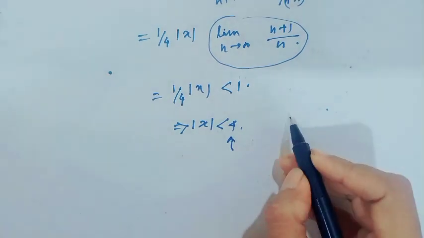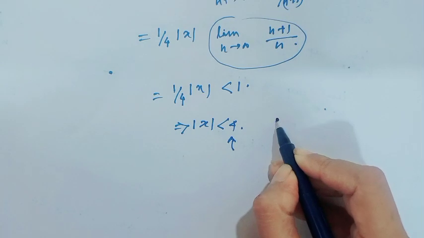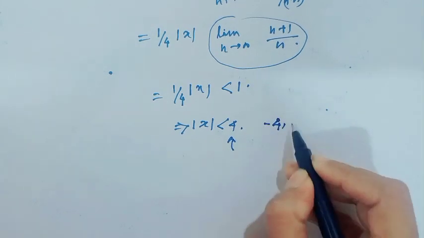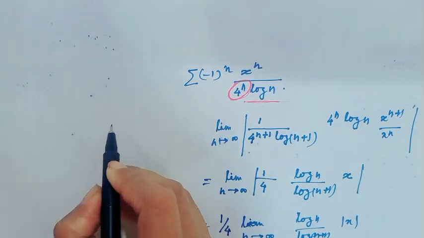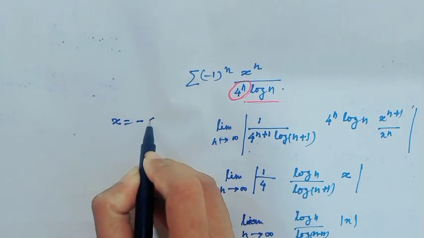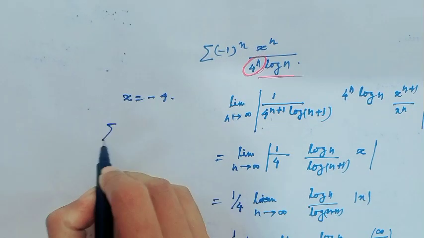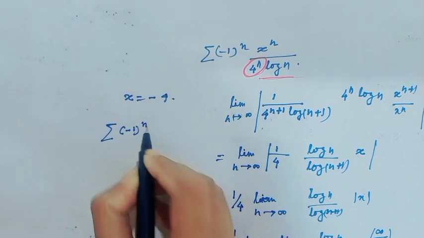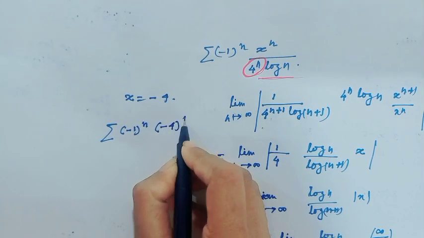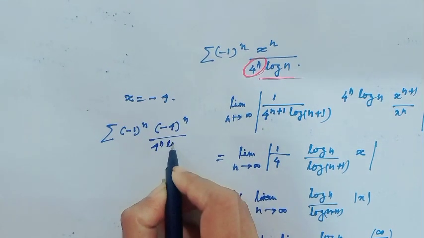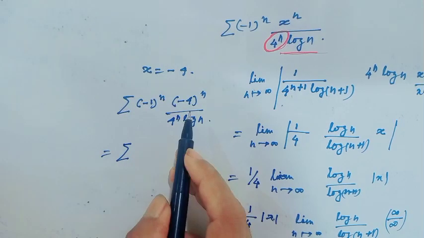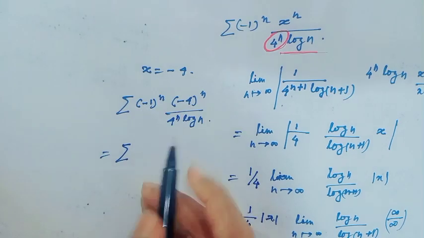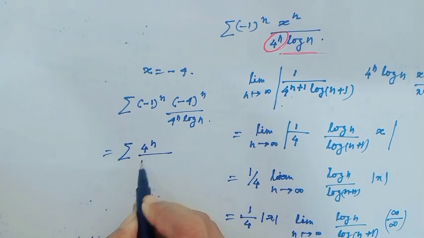Now I will find the interval of convergence. The interval of convergence is minus 4 to 4. Now I will check whether the endpoints are applicable for this power series. First I will check at the point x equal to minus 4. At this point the power series reduces to minus 1 to the power n, minus 4 to the power n, over 4 to the power n log n. The minus signs cancel out, and 4 to the power n cancels 4 to the power n.